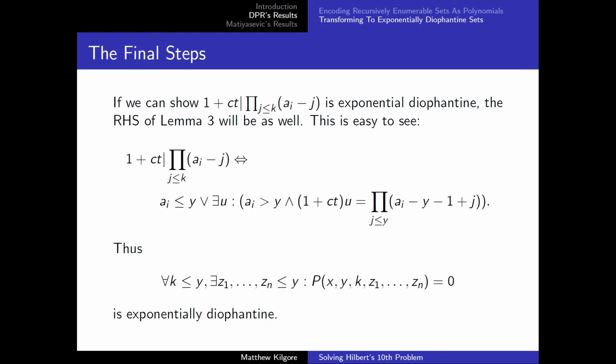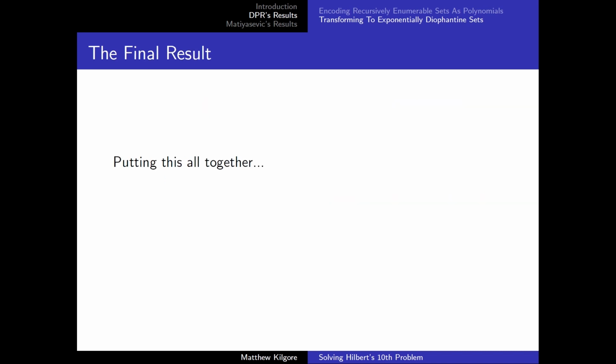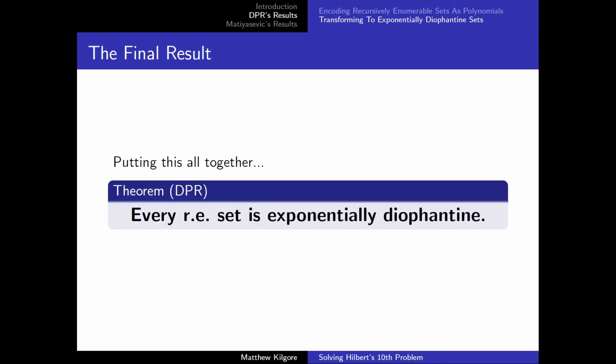And with this in mind, we see that Davis normal form is equivalent to an exponentially Diophantine predicate, and thus is itself exponentially Diophantine. Putting everything together, this finally yields DPR's main result. Every recursively enumerable set is exponentially Diophantine.